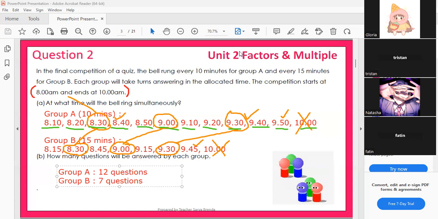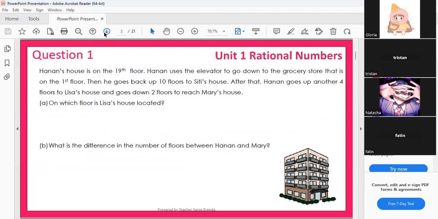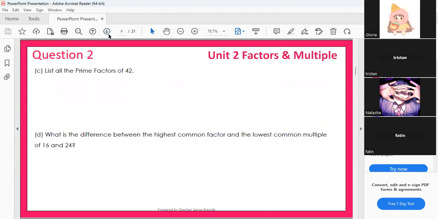Next question. Okay, question 1, question 2. This is supposed to be question 2B. We are still in the same topic, factors and multiples. But here, prime factors of 42.